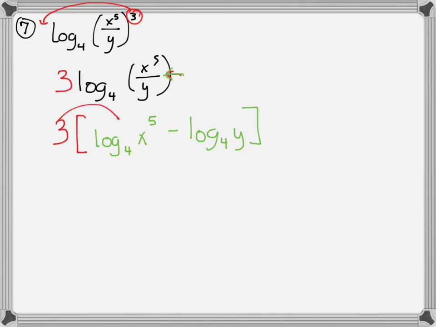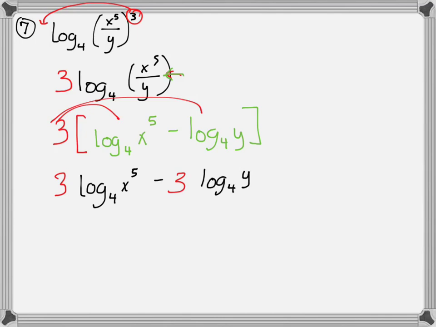Now I'm going to use my distributive property, and that 3 is going to get multiplied to both pieces. Three times log base 4 of x to the 5th minus 3 times log base 4 of y.